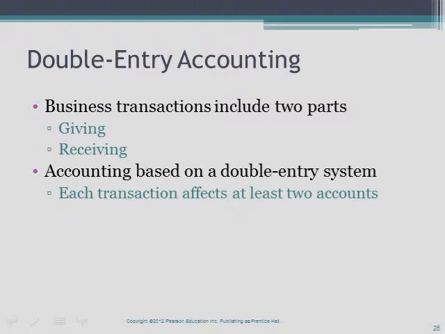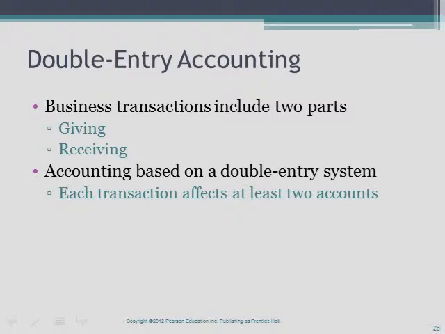We were borrowing and receiving cash, and executing a promise to pay the bank back through a notes payable. We were receiving supplies and promising to pay an accounts payable later. We were eventually paying that accounts payable, so we were giving up cash, and we were receiving forgiveness of that accounts payable. So accounting is therefore based on a double entry system, which records the dual effects on the entity.